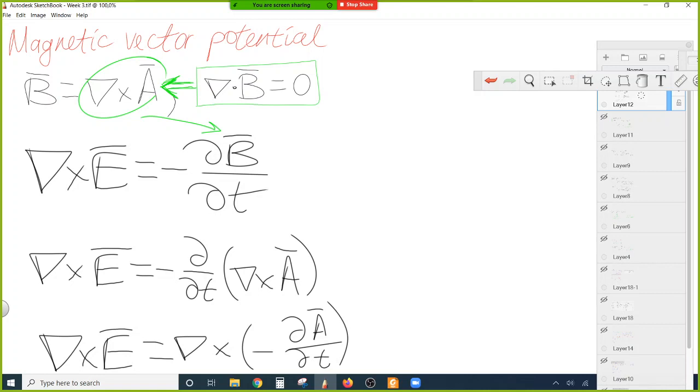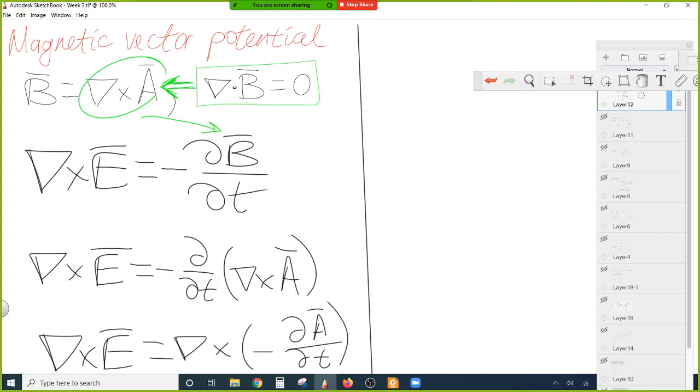Here I just changed the places of the curl and the derivative.